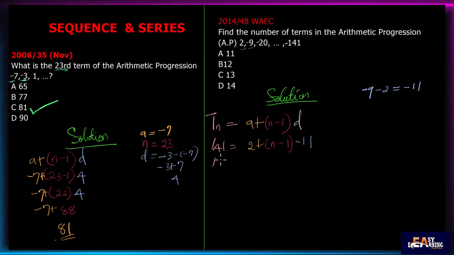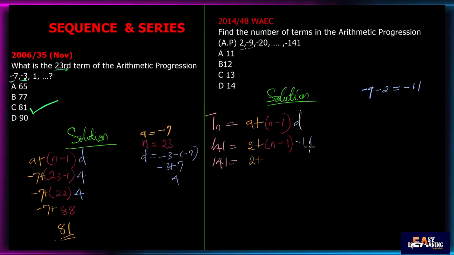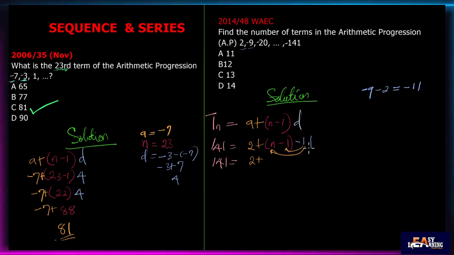We proceed: we bring down the last term, minus 141, equals 2 plus, and we multiply minus 11 times n. That is minus 11n.